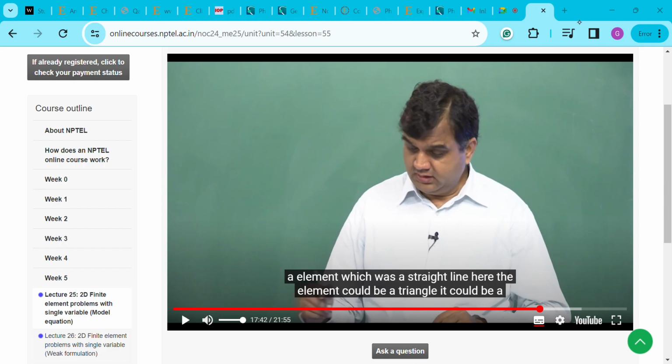If we specify this W or u, then we are specifying the essential boundary conditions. In this equation, the primary variable is u. So if you have a boundary condition on u, then W will be 0.